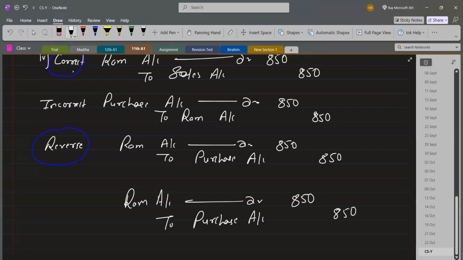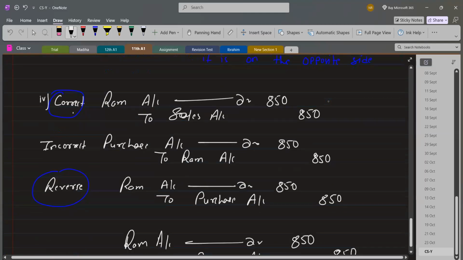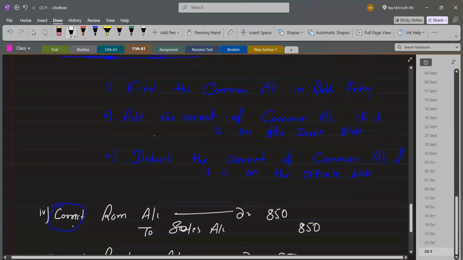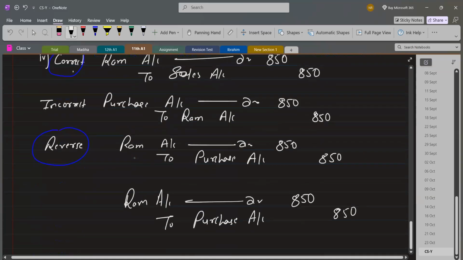Okay, first of all, we have to find a common entry. I told you just now, find the common account in both entries. So in the correct and reverse one, there is one common account, which is Ram account. If it is on the same side, then what do we have to do? Add the amount.